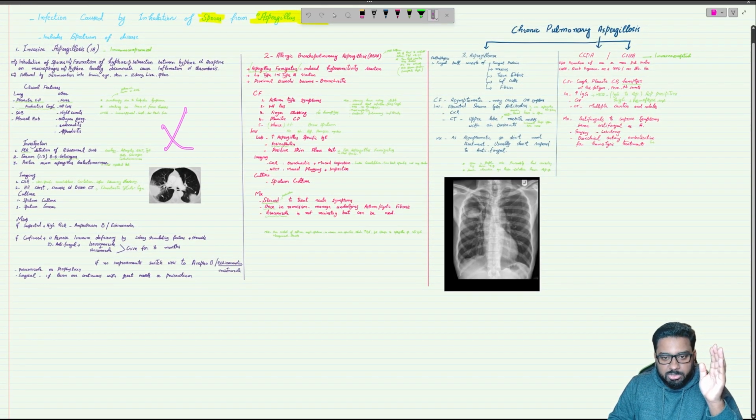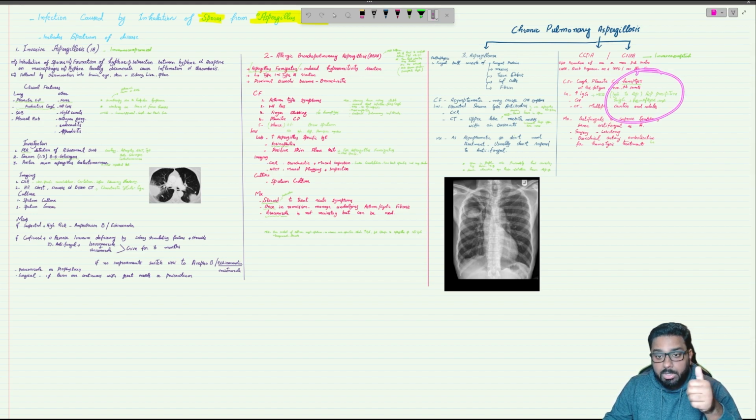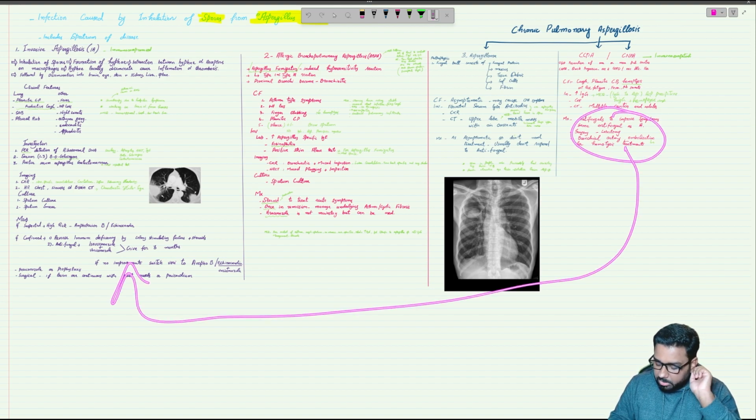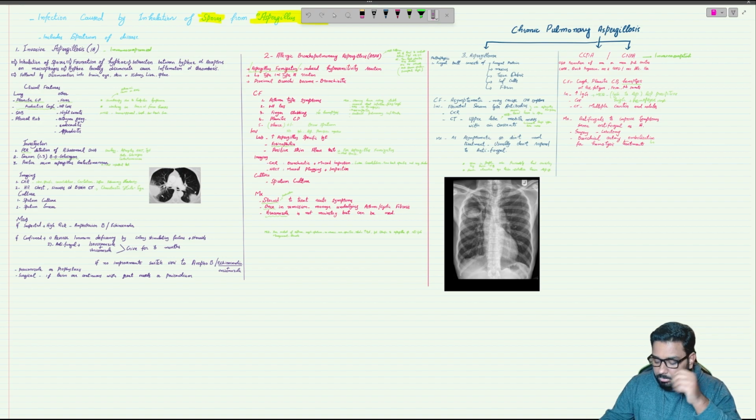In invasive aspergillosis, no hemoptysis. Here, hemoptysis. The treatment is the same antifungal for 3 months. If surgery, we need lobectomy, and for hemoptysis, bronchial artery embolization.